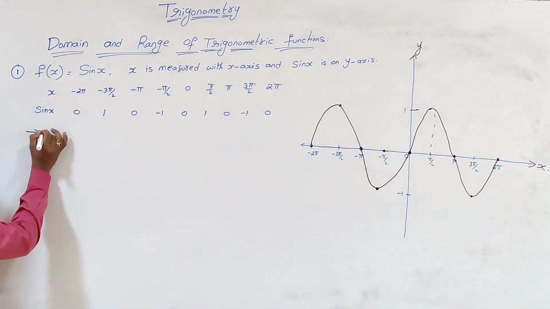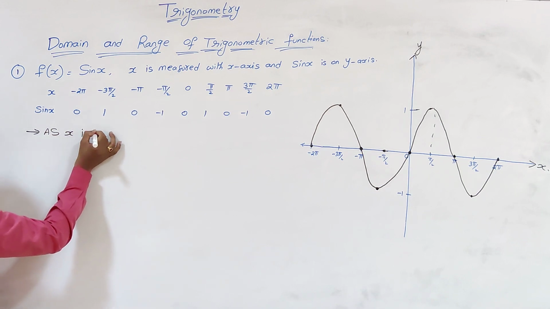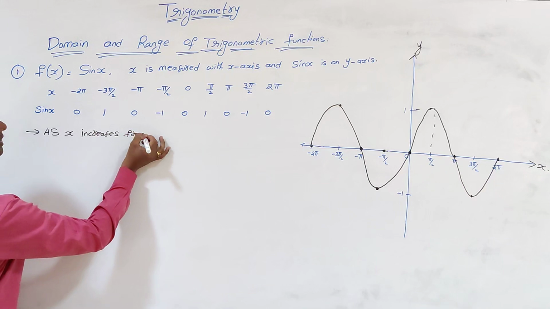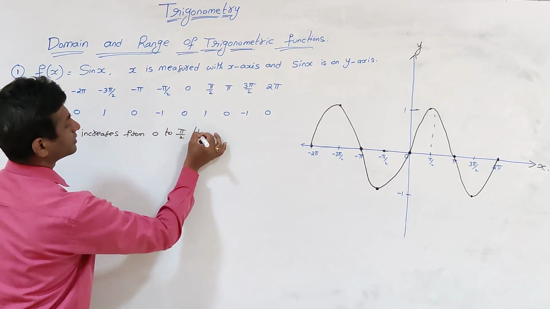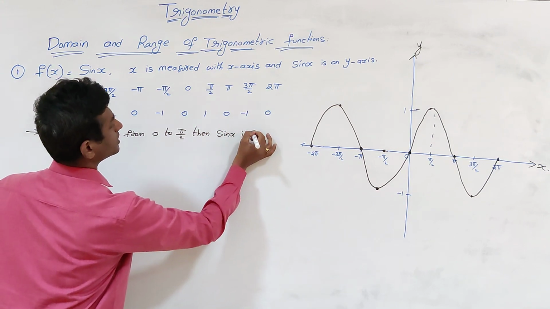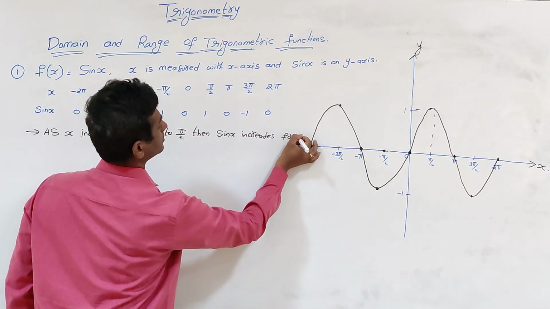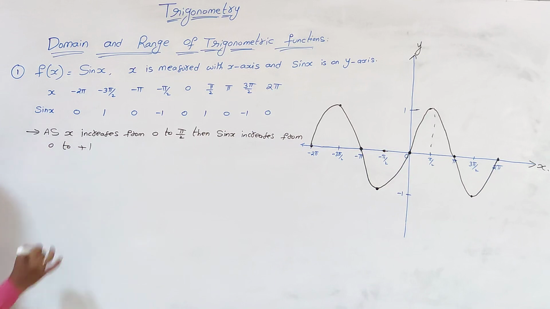So as x increases from 0 to pi by 2, sin x increases from 0 to plus 1. That is in the first quadrant.